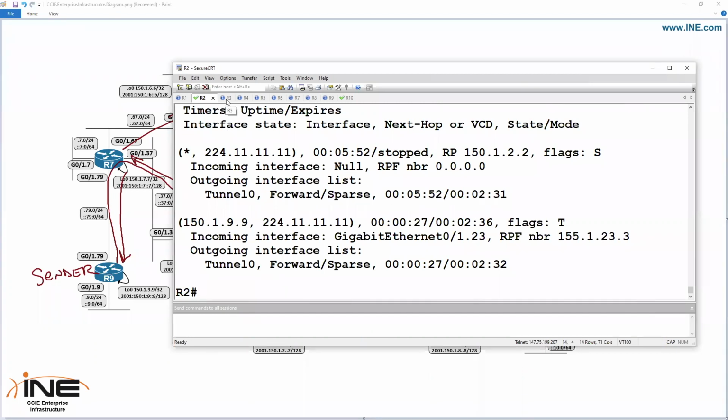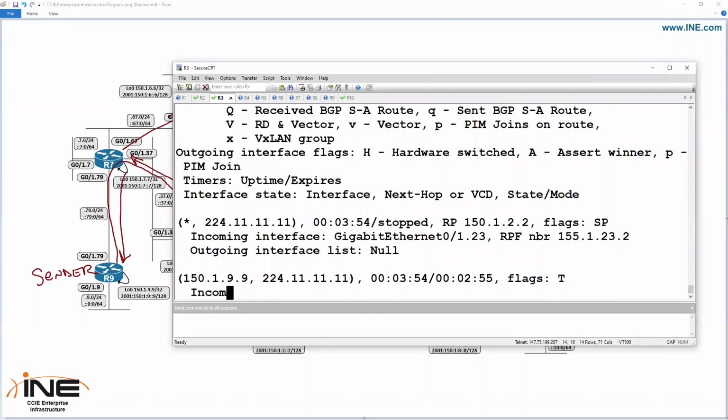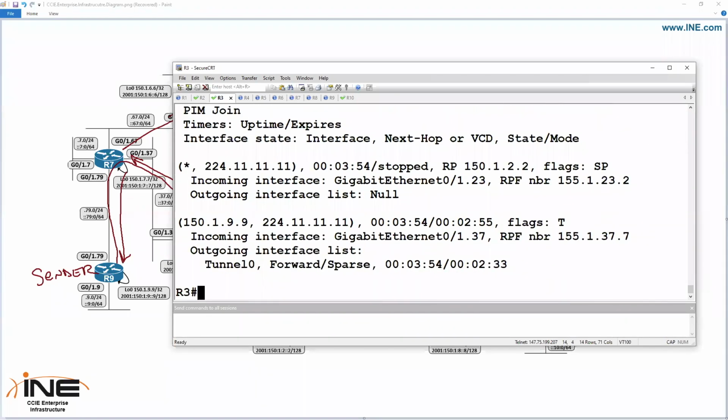Okay, if we go to router 3 and show IP mroute for 224.11.11.11, we see this is going to be the one who is the actual forwarder. Okay, and the T bit being set means that this is the shortest path tree going through router 3.